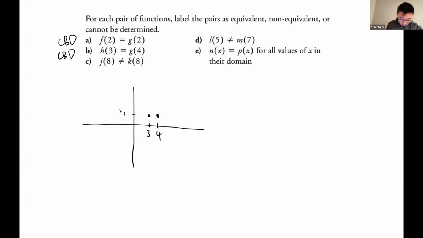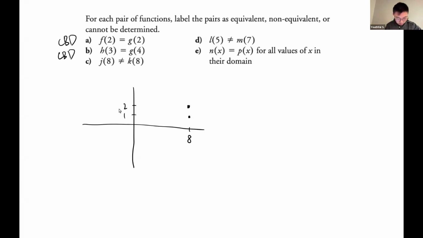For C, things are a little bit better. They tell you that J of 8 does not equal K of 8. So again, if we look at our example, let's say this is at x equals 8. Let's say J of 8 is at 1, and then K of 8 is at 2, so they're not equal.